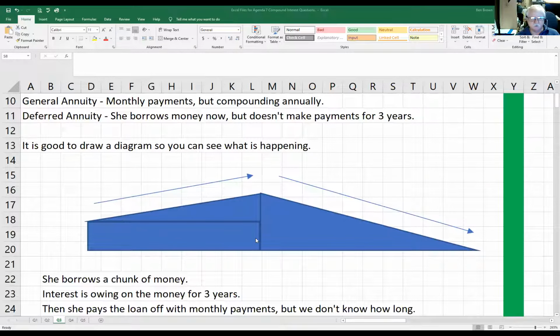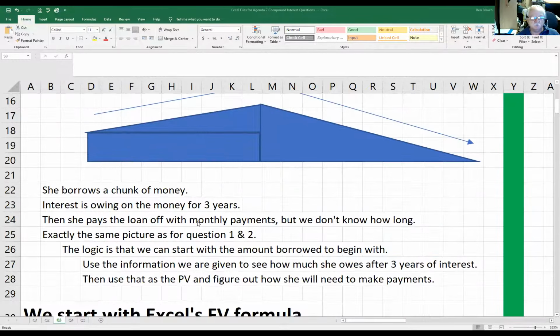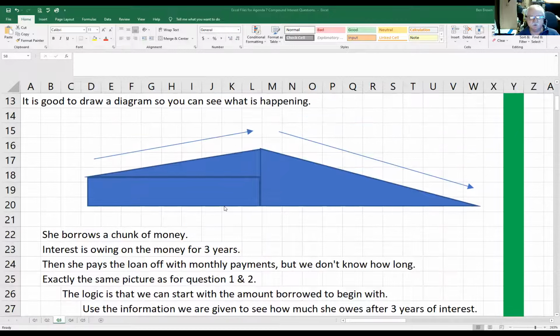So again, the diagram looks incredibly similar to the other ones. But we want to figure out the logic of how we have to solve it. So she borrows a chunk of money over here. Interest is owed on the money for 3 years here.